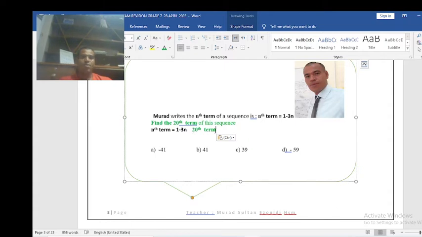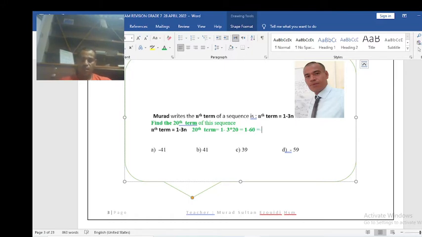So the 20th term is equal to what, learners? It is 1 minus 3 multiplied by 20, which equals 1 minus 60, which is equal to negative 59.